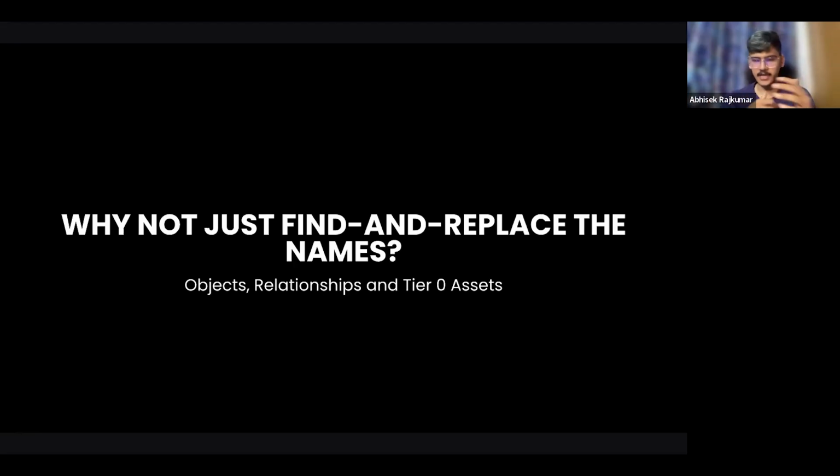I've linked it over here, but they do map that in the BloodHound UI, which you'll be seeing. If you see an object with a diamond symbol on top of it, it means it's a tier zero asset. So all these relationships and attributes are in place, and it can't be a straightforward find and replace.